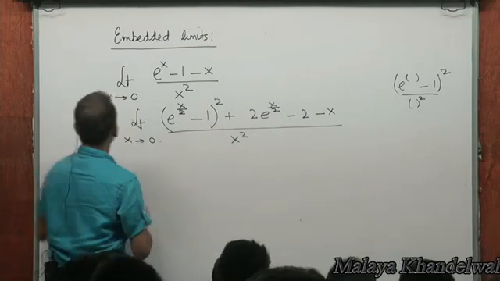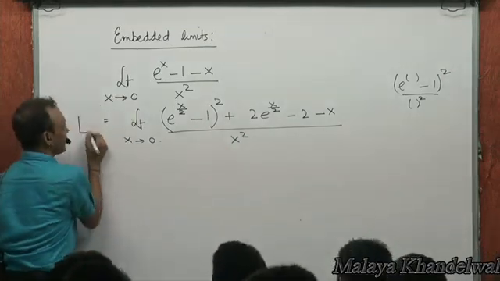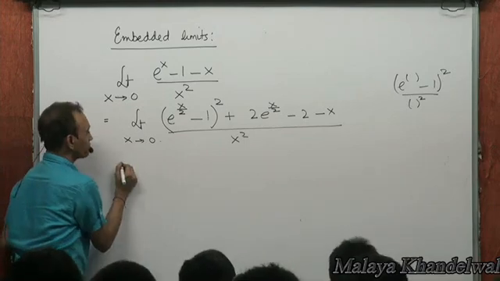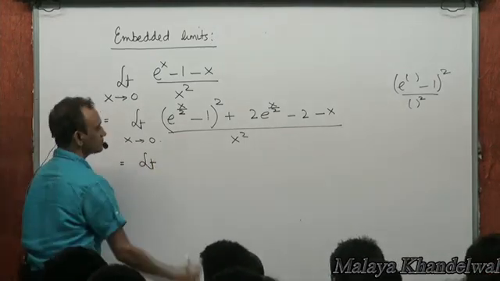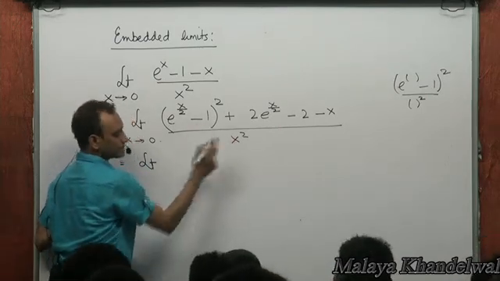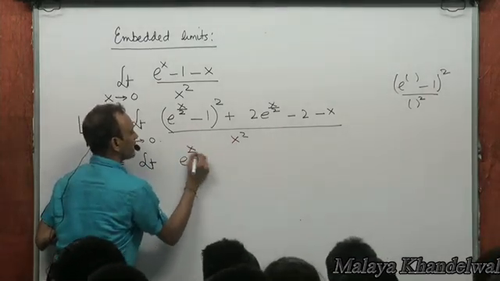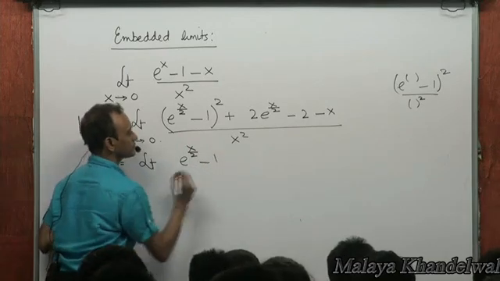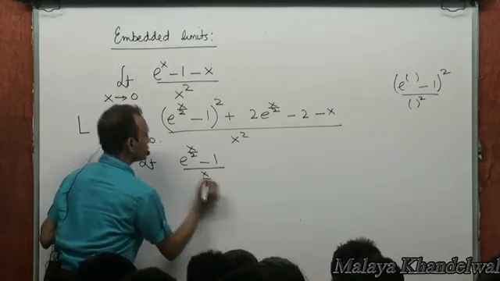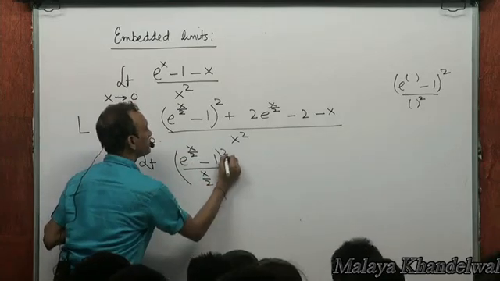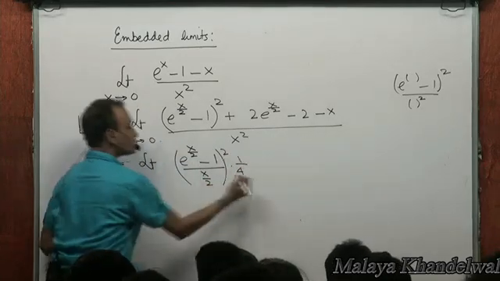That was the objective. Let me refer to this limit as L. This then is like a limit. I divide this by this. E power x by 2 minus 1 by x by 2 whole squared into 1 by 4. Realize what I did here?